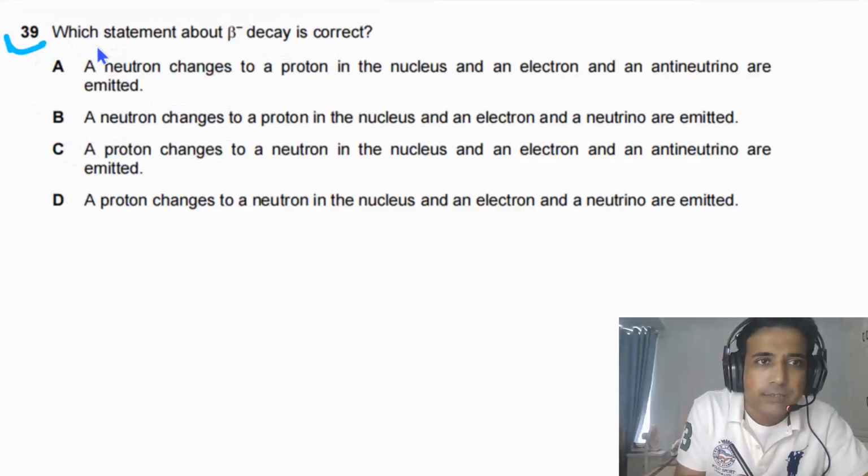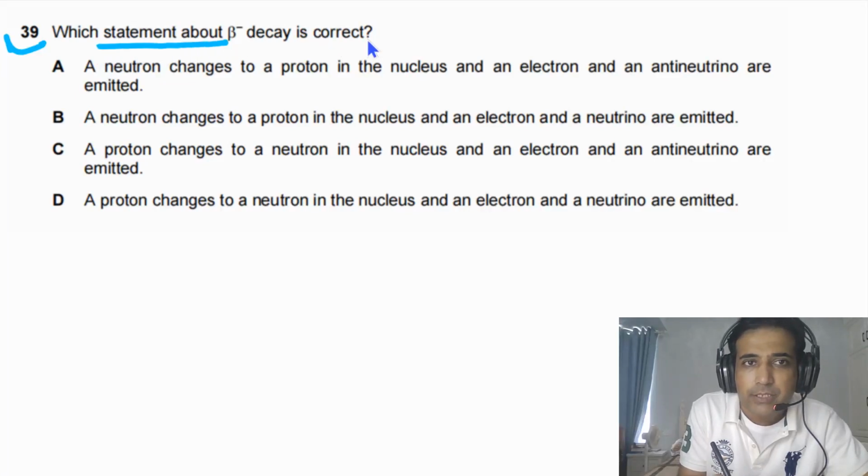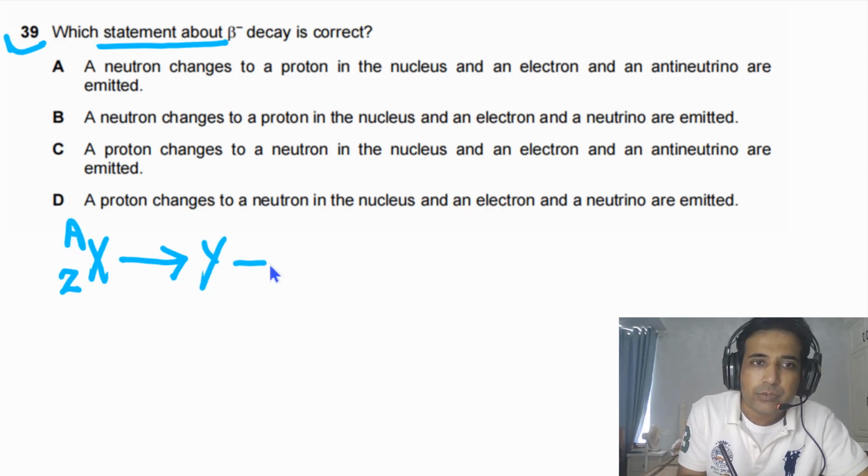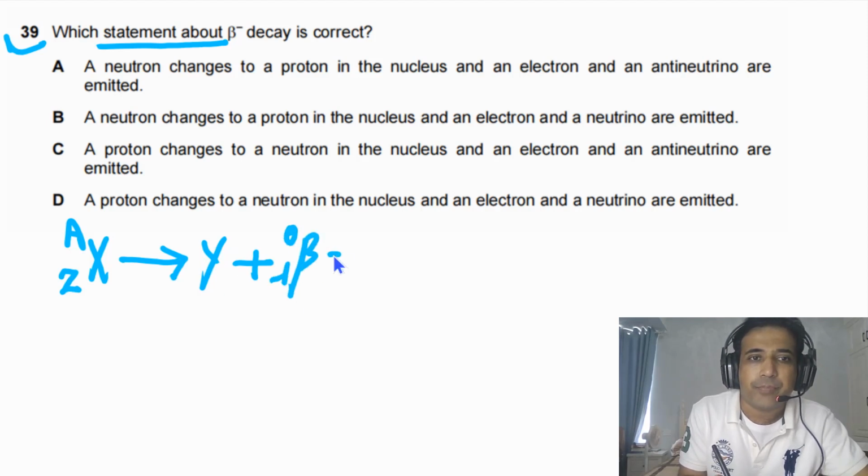Question 39 says which statement about beta minus decay is correct? First of all, let's try to understand a little bit about beta minus decay. We can imagine a nucleus X with atomic number Z and mass number A. This decays to another nucleus Y by emitting a beta minus particle, meaning an electron.